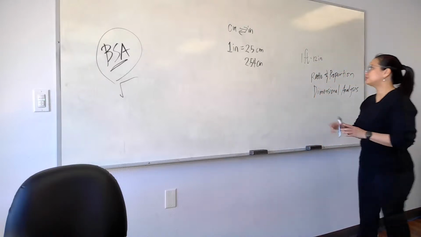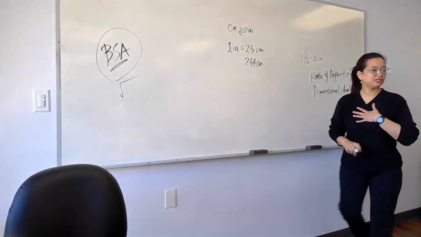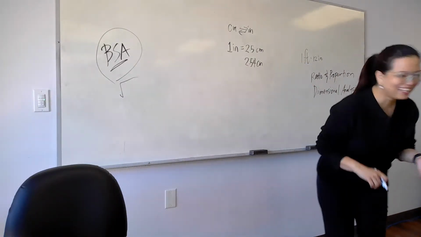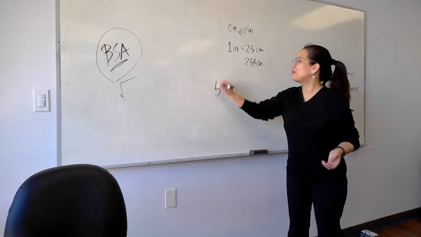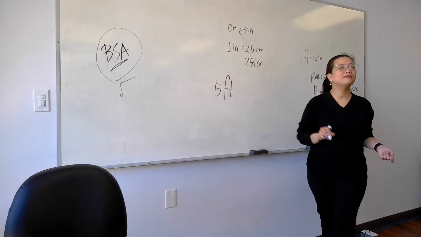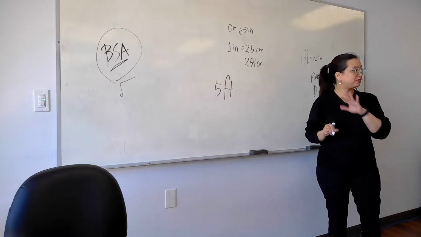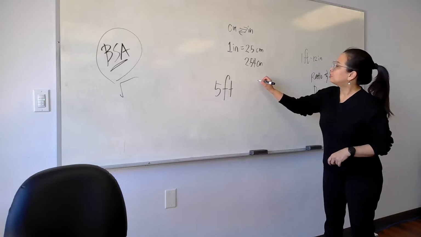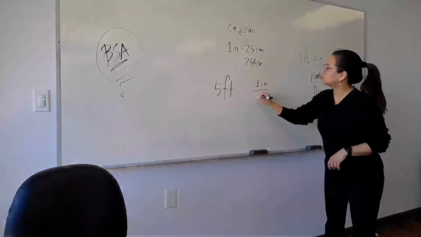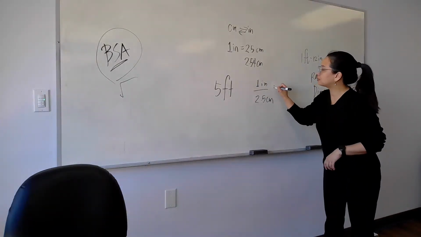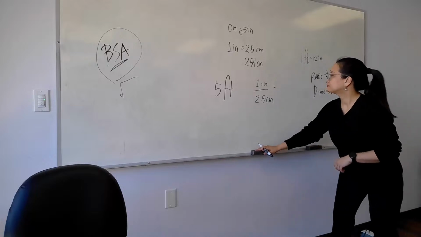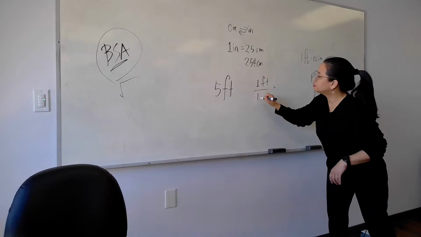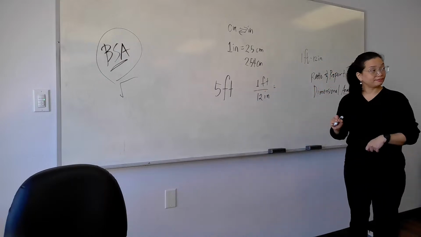Let's do some conversions. Let's do feet first. 5 foot, with heels 5'4". Your real height, 5 foot. What am I talking about? Ratio and proportion. Let's convert feet to inches first. 1 foot is 12 inches, right?